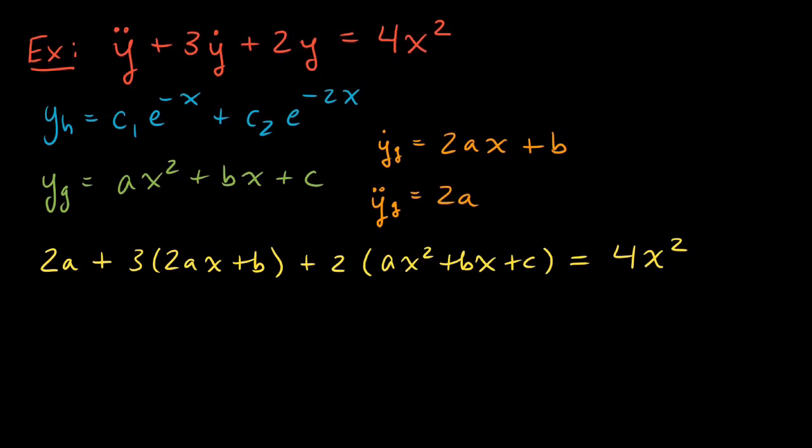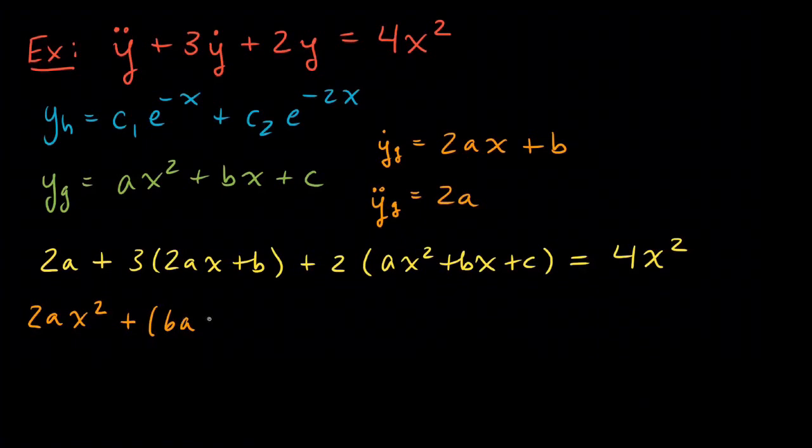Okay, so when we do that, we're going to collect the x squared term, right? So the x squared term is going to be 2ax squared, and that's the only x squared term. And then we're going to have some terms that are multiplied by x. The first term doesn't involve x. This one involves 3 times 2ax, so it's going to involve a 6a. And then another term that involves x is 2bx.